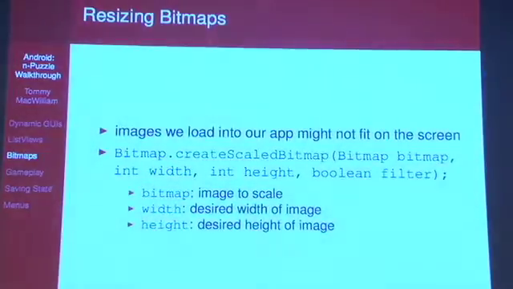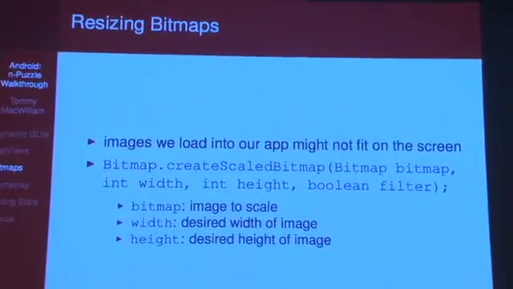So now, the images that we load in, as we just said, are probably not going to immediately fit the screen. And if you want to start breaking up the images into tiles, you obviously don't just want to load the entire image 16 times. You want to only load basically cropped versions of that. So in order to do that, we can use this nice method called createScaledBitmap.